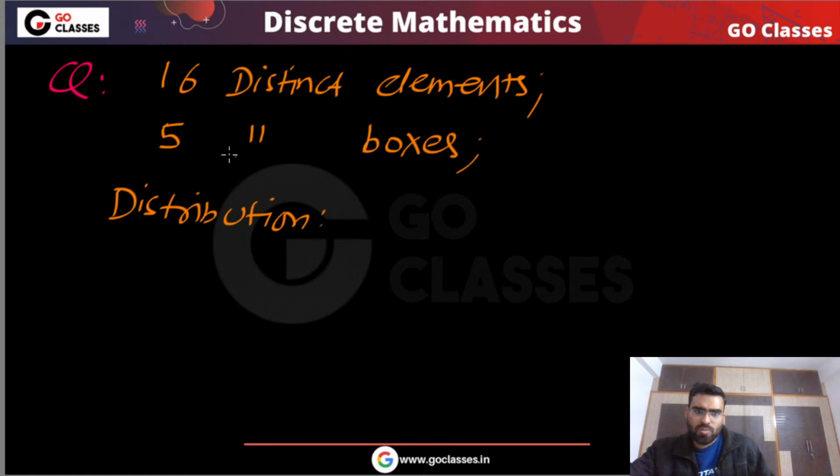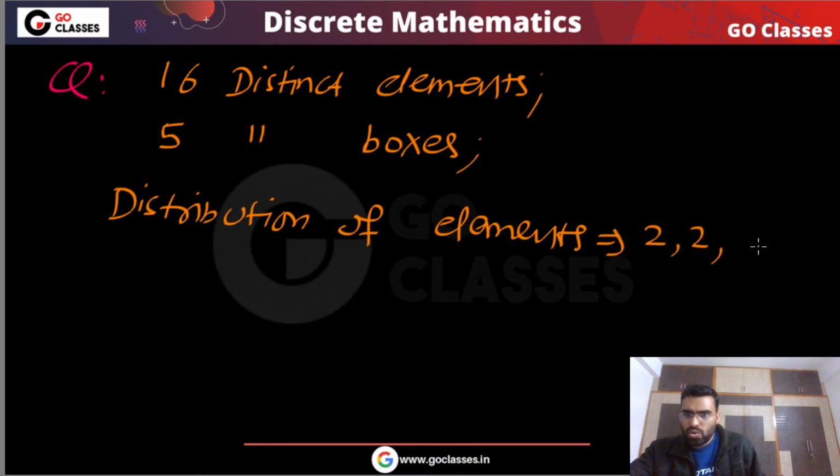The distribution of elements that we want is basically 2 2 2, 3 3, and so on. Tell me what is the answer now.